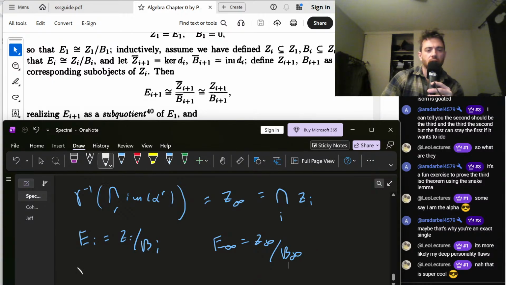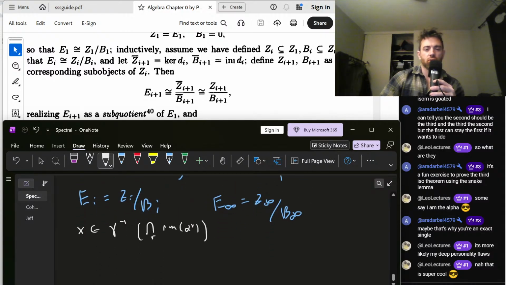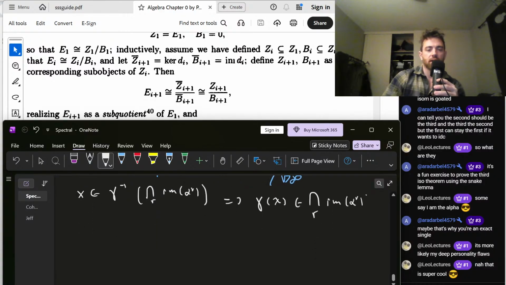So, suppose X is in gamma inverse of the intersection of all the alphas. So then gamma X is in the intersection of all the alphas. And that implies what?